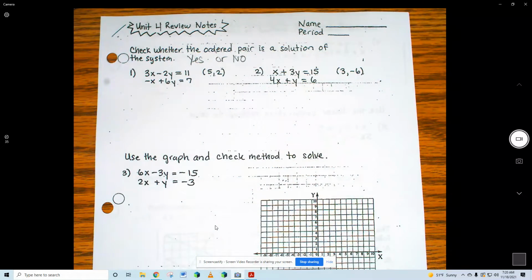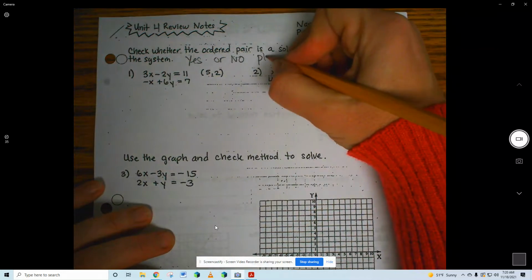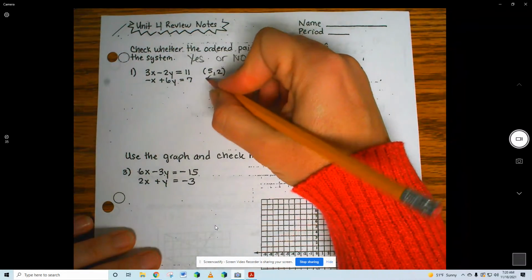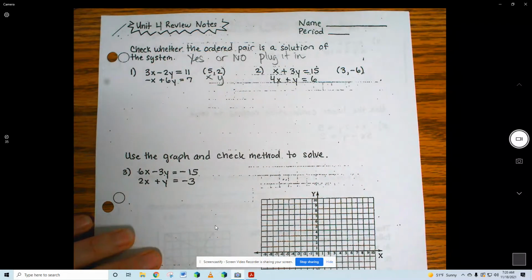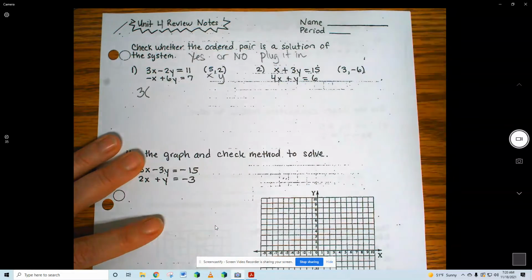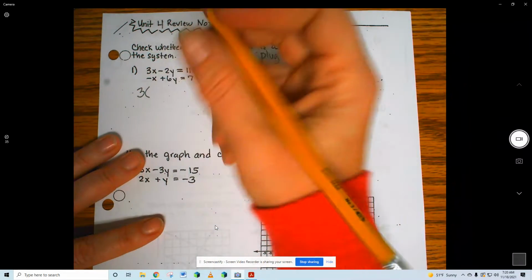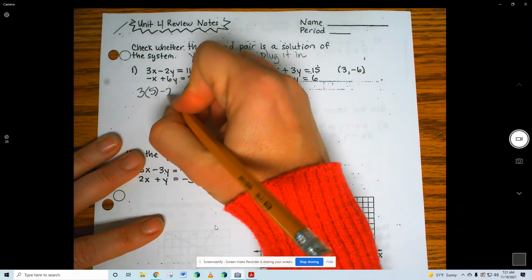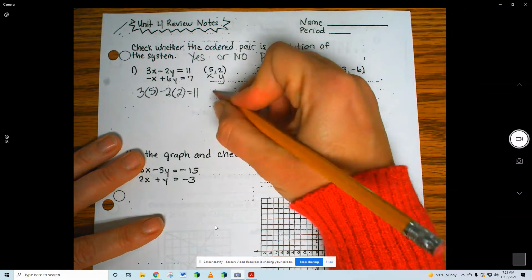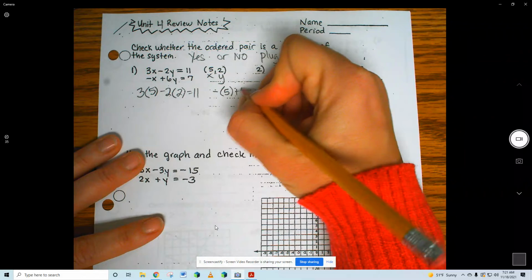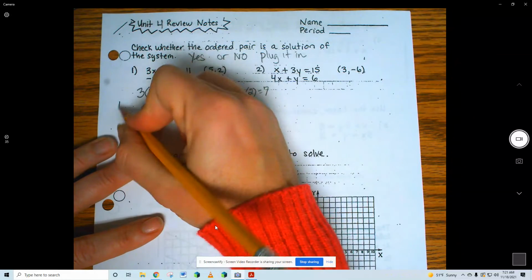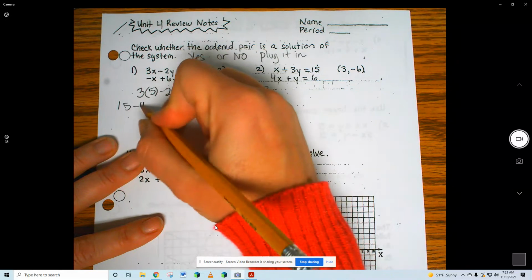You plug it in. My x is 5, my y is 2. Plug them into both. Instead of x, put a 5. Instead of y, put a 2. $15 minus 4 equals 11.